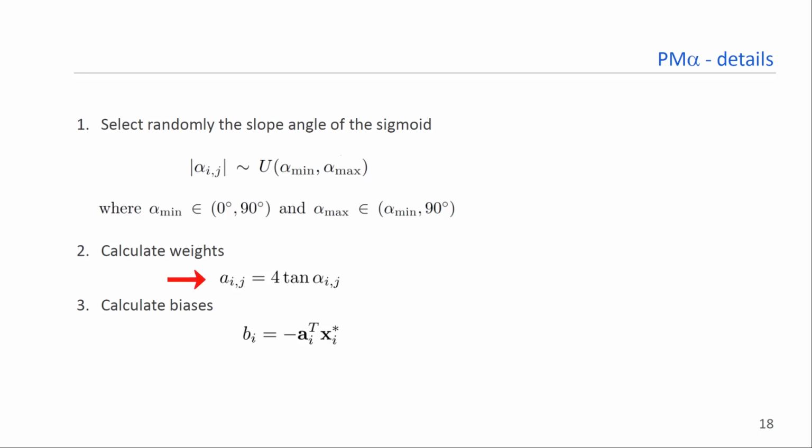Having the angles, we calculate the weights from this equation. For the multivariable case, we generate all n weights in this way, independently for each of m sigmoids. This ensures random slopes between alpha min and alpha max for the multidimensional sigmoids in each of n directions.